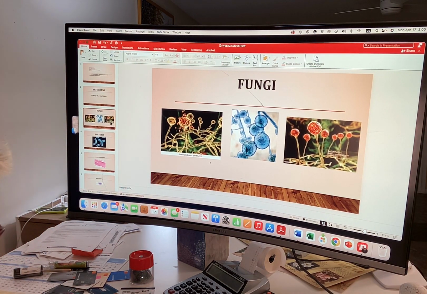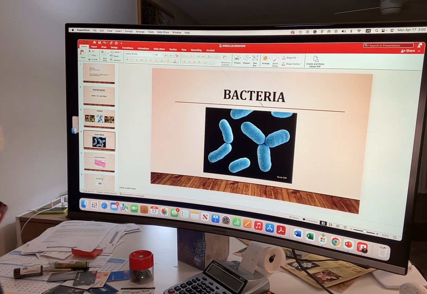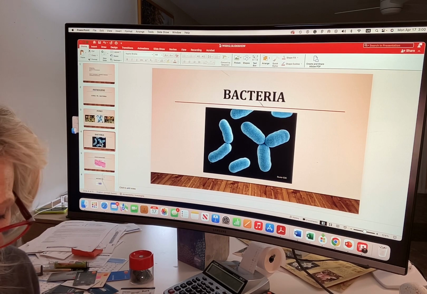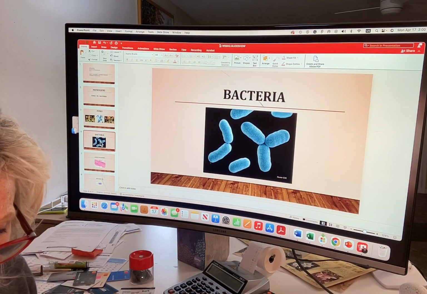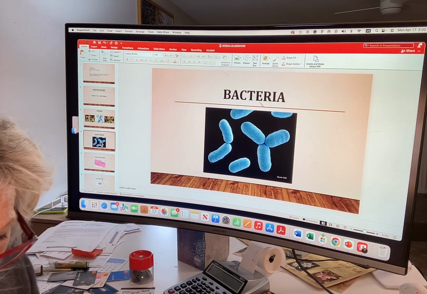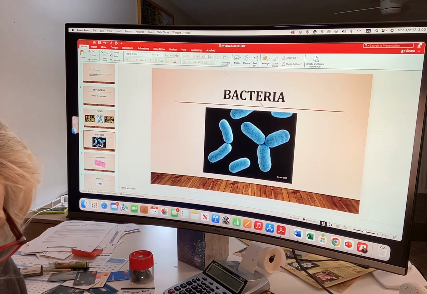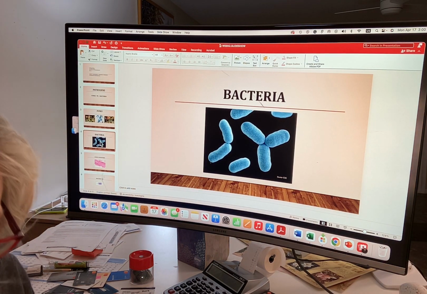The bacteria, on the other hand, they've evolved a little bit different, but not that much different. They have hair-like projections on their surfaces that help them adhere. They also produce enzymes that break down the host tissues, kind of like the fungi that decompose.